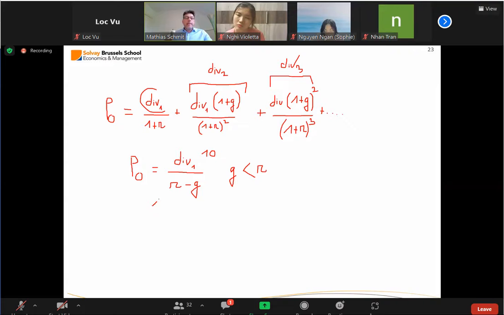The discount rate, let's assume 10%, expected rate of return. The growth rate, 5%. So we expect a growth of 5% of the dividend each year. So my price will be 10 divided by 5%, meaning 200.